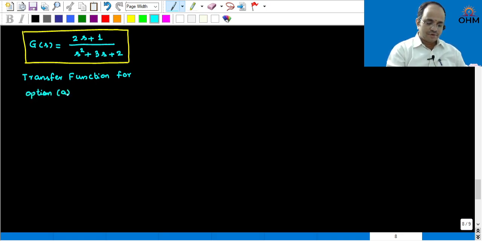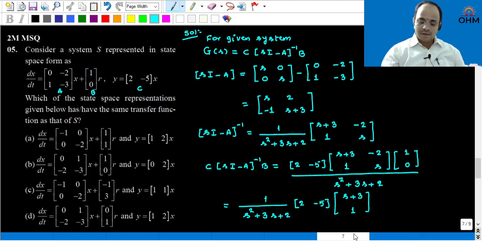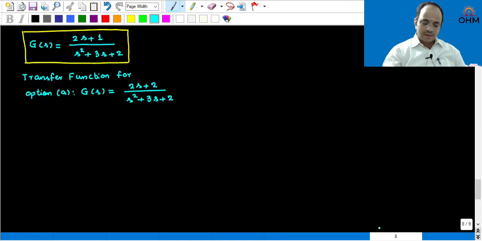Transfer function for option A, G of s is equal to, I got, 2s plus 2 divided by s square plus 3s plus 2. Surprisingly, the examiner has given the same determinant, the same denominator, for the four options.